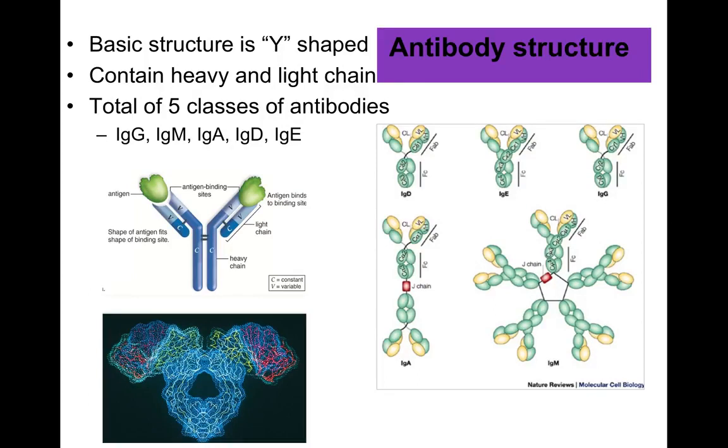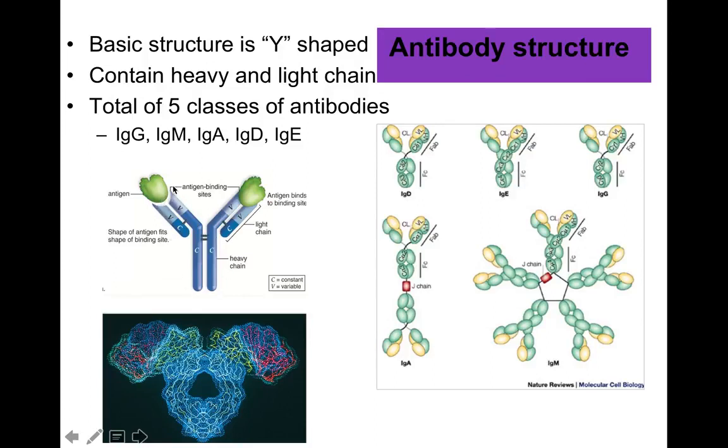Now, a quick note about the antibodies. There are a total of 5 different types of antibodies in your body. The only thing you need to know is the name of them: IgG, M, A, D, and E, 5 classes of them. They do contain something called a heavy chain versus a light chain. So right here are your light chains in light blue, and the darker blue color are considered to be the heavy chain.